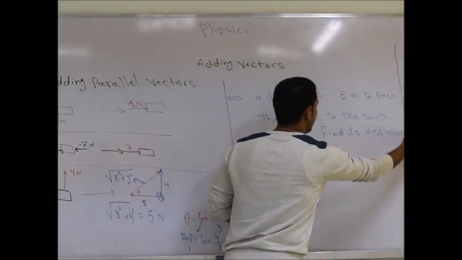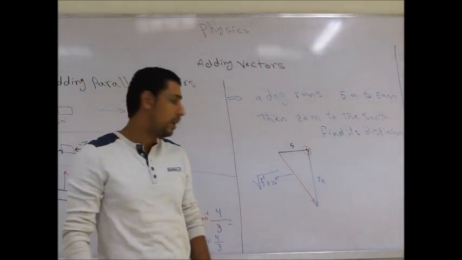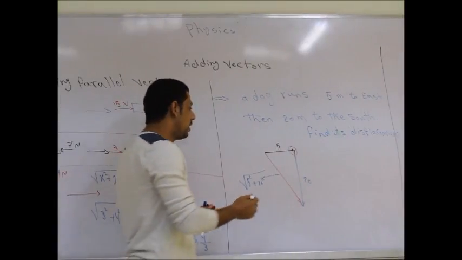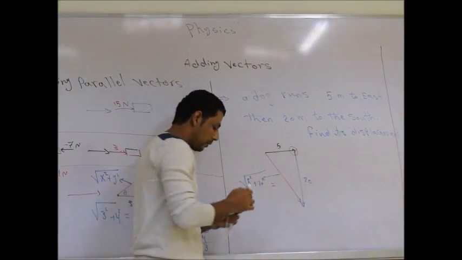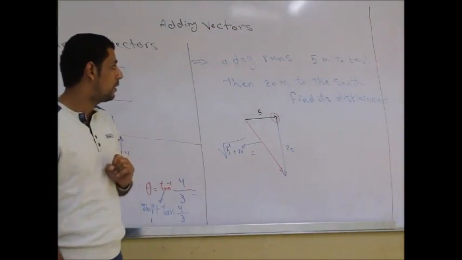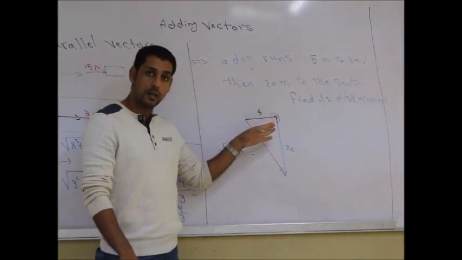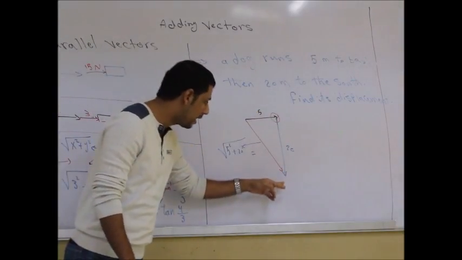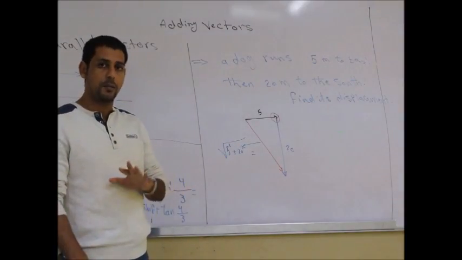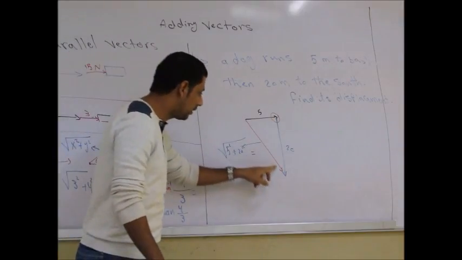Displacement, as we will study later, is the straight line from the initial to the final. So this is the 5 meter east, this is the 20 meter south, and displacement is the resultant vector.